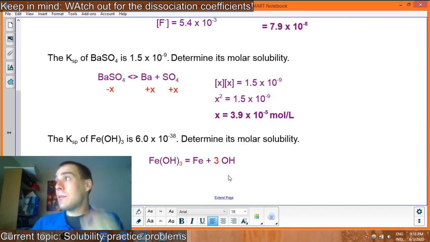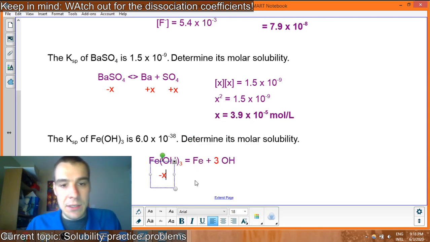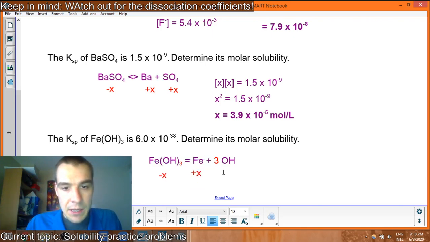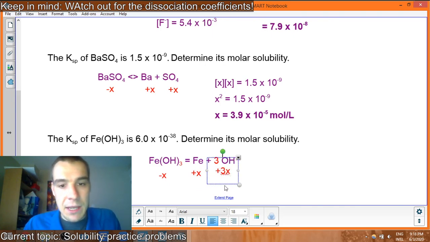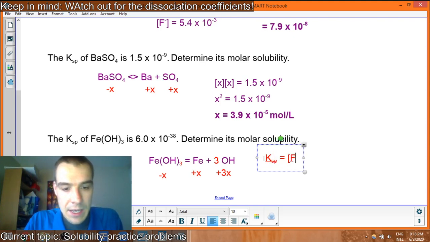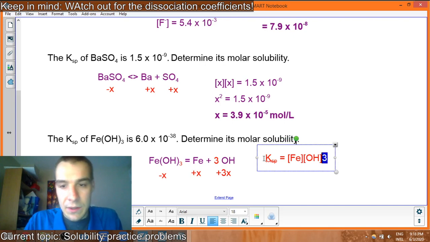And so when we put that through our equilibrium, our ICE table, if this goes down by x, this would go up by x, and this would go up by 3x. That's really important that this goes up by 3x, because when we do our Ksp, it's going to be the concentration of Fe and the concentration of OH cubed, cubed because of that 3.